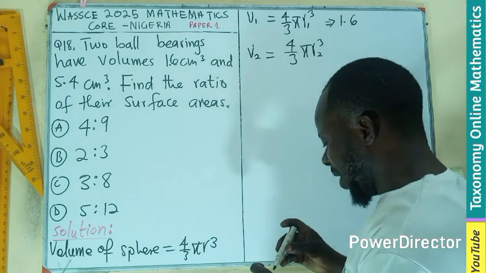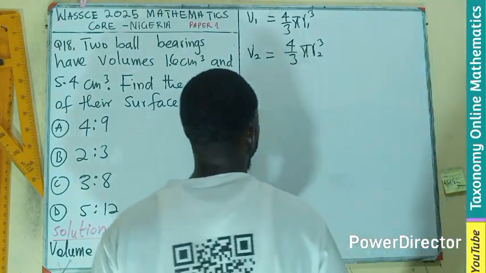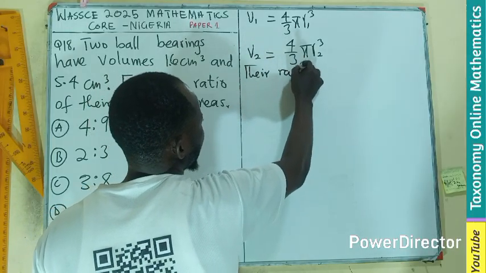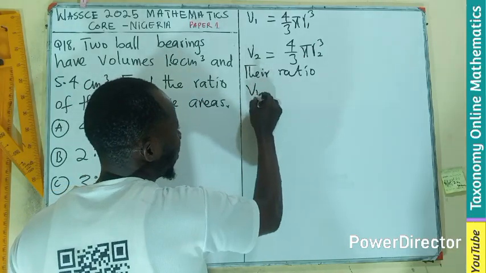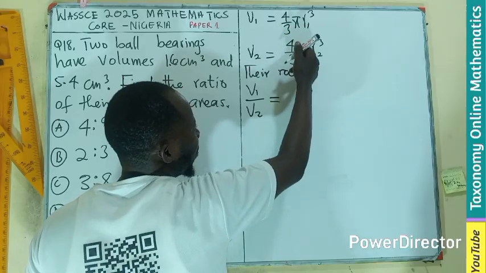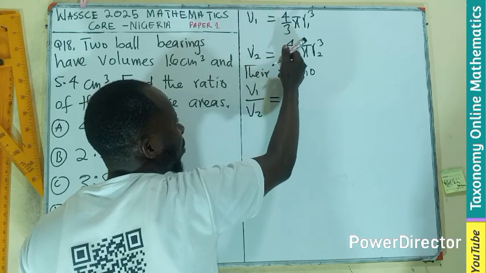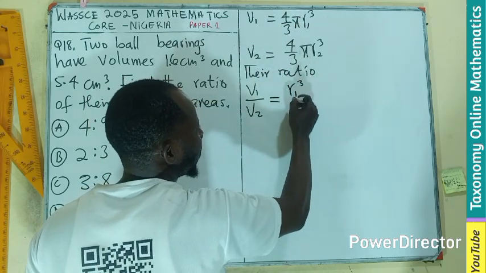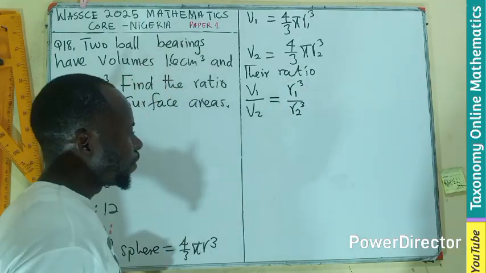Let me just pick it as a direct ratio, so that I can find the radius. V1 on V2 is going to be this divided by this, where π will cancel, and 3 on 4, 4 on 3 will also cancel, remaining R1³ divided by R2³.